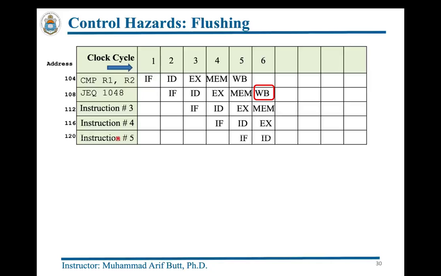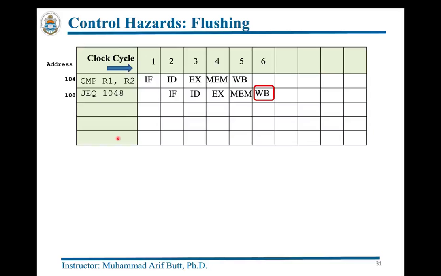I need to flush this instruction, I need to flush instruction number 4, I need to flush instruction number 3, and I need to pump in another instruction from address 1048 and I need to execute it starting from clock cycle 7, and then n+1, that is instruction from 1052 address, and then so on.